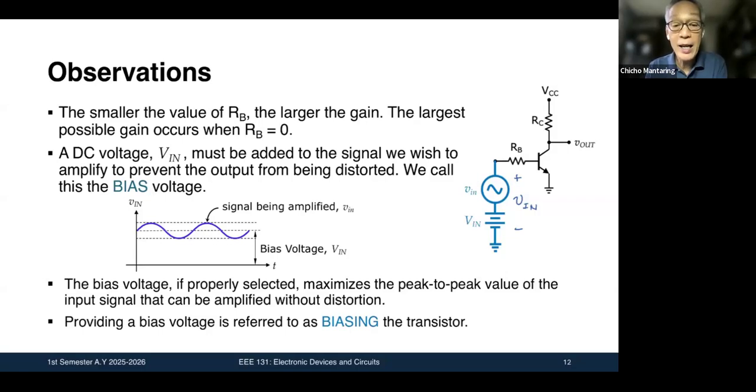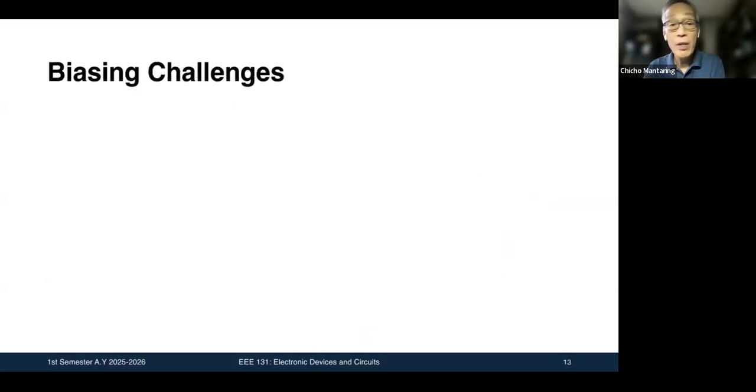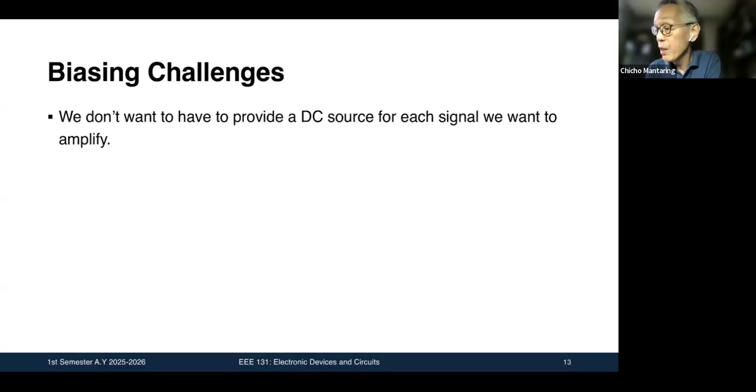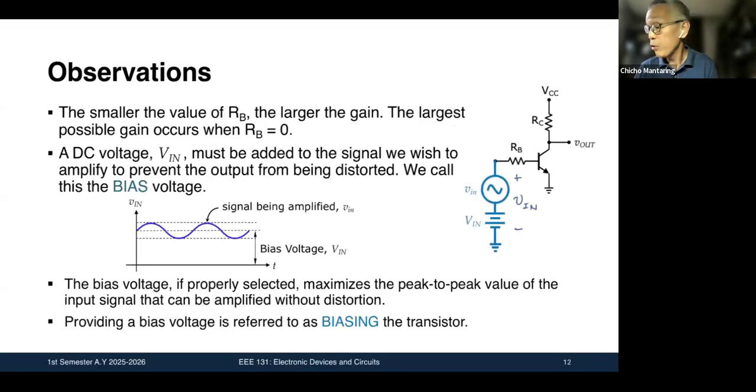In the next lecture, we're going to be talking about biasing. Okay, what are the biasing challenges? Number one, we don't want to have to provide a DC source for each signal we want to amplify. So remember, no, we want to amplify this signal so that this is placed in active mode all the time.